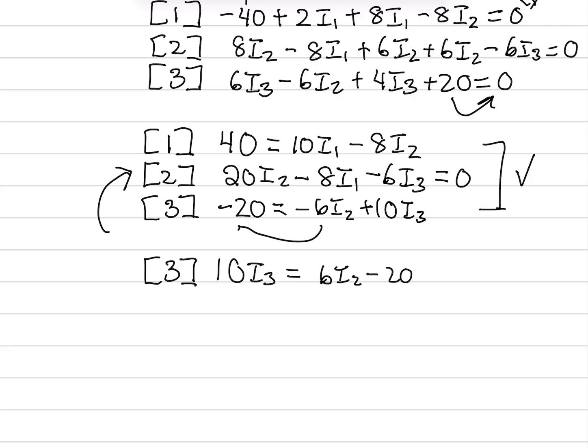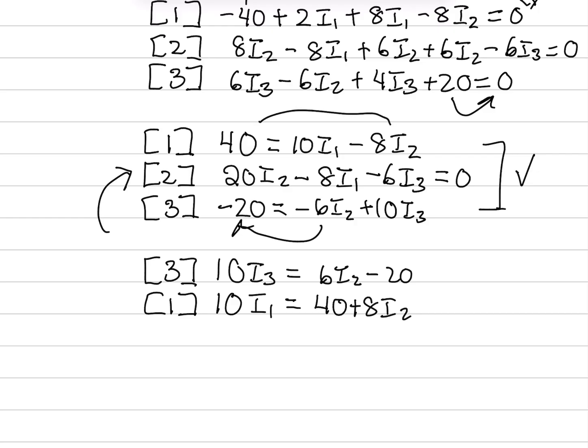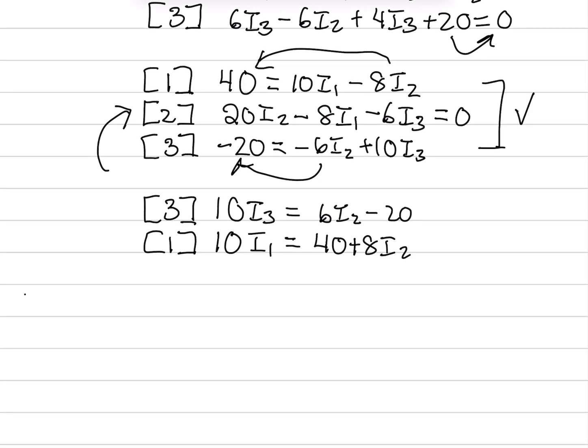I just moved this to the other side. For the first equation, 10I1 equals 40 plus 8I2. All I did was add this term to the other side. Then we're going to plug them into the second equation, and I'll give myself a little more space.